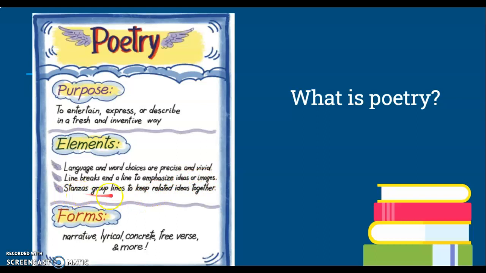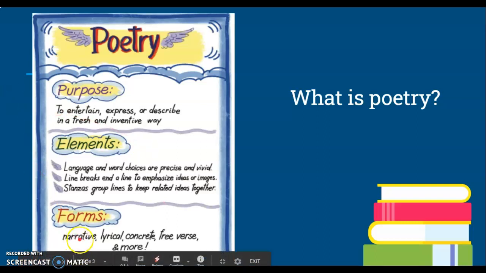And then stanzas, a group of lines that are kept together because they're related to each other. It's kind of like a paragraph. We have different forms of poetry. You can have a narrative poem, which is telling a story, lyrical, which kind of sounds like a song, concrete, free verse, and many, many more.